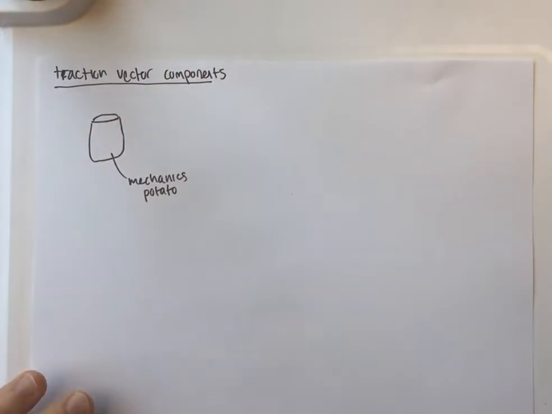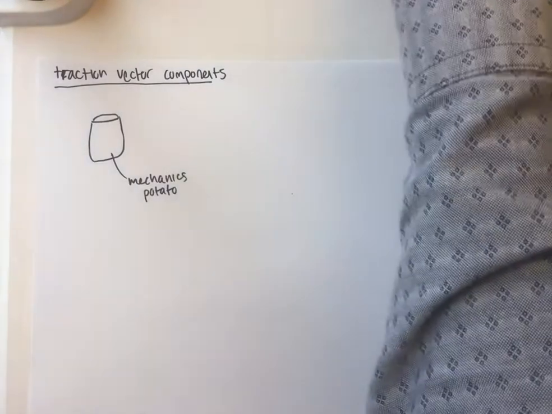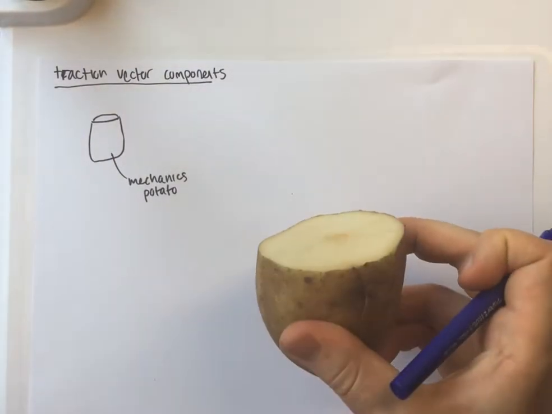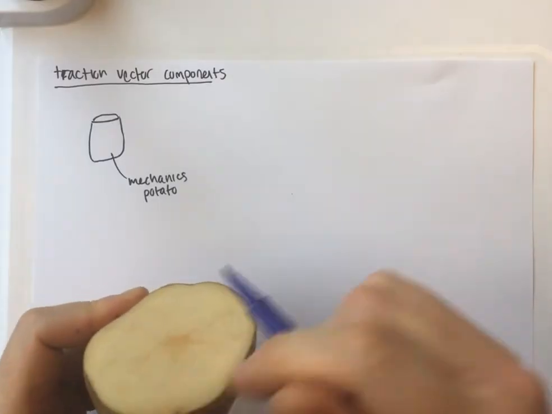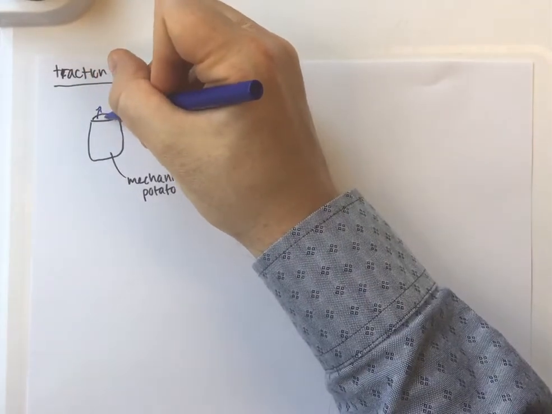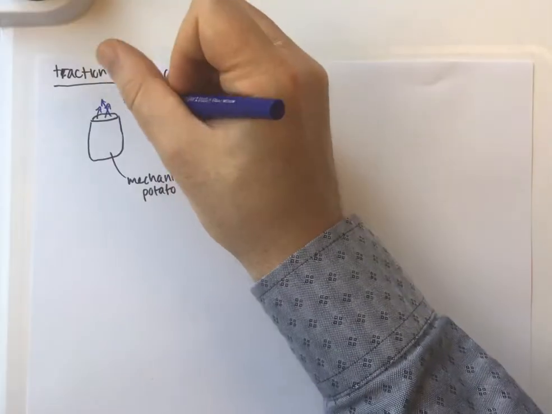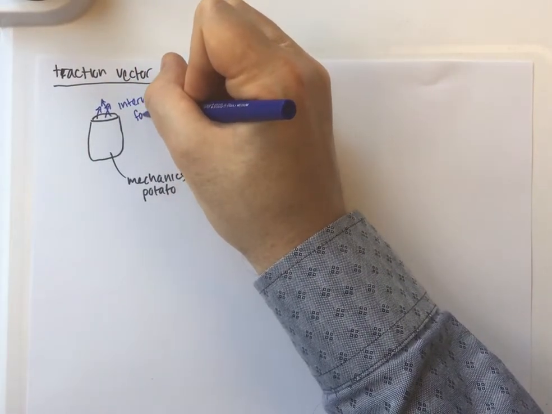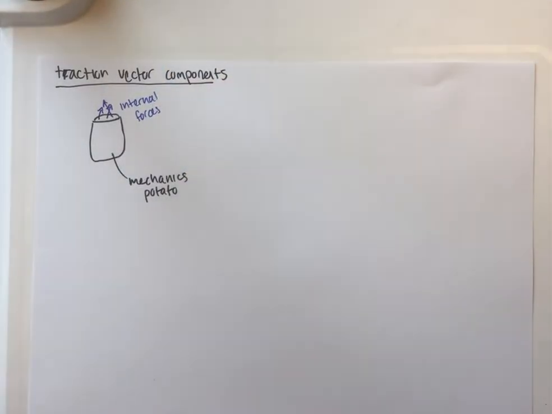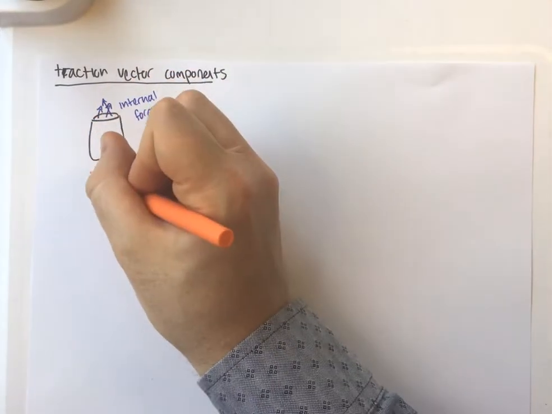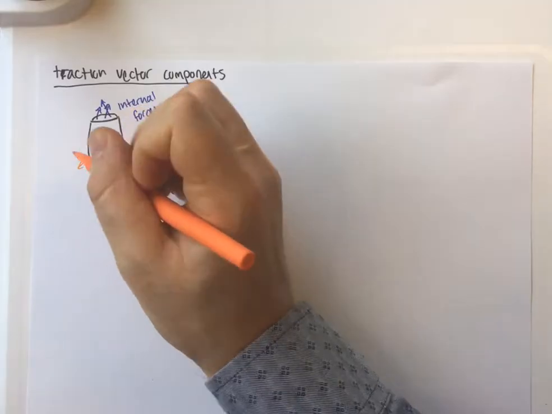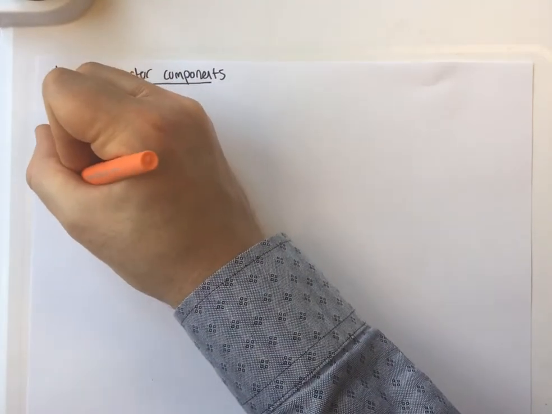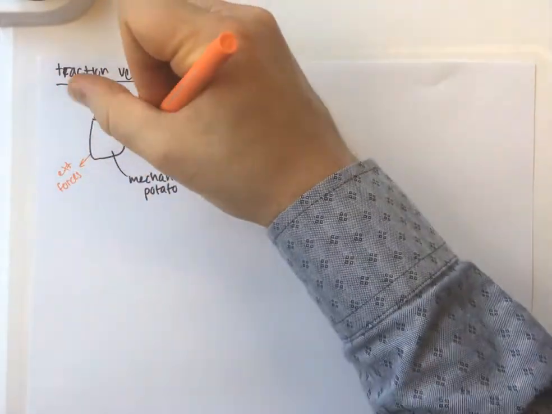We've taken an imaginary slice through that potato so that we will have something that looks something like that. And on the top surface of our potato, we have some internal forces which are needed to keep our potato in equilibrium with the external forces that are acting on it here.